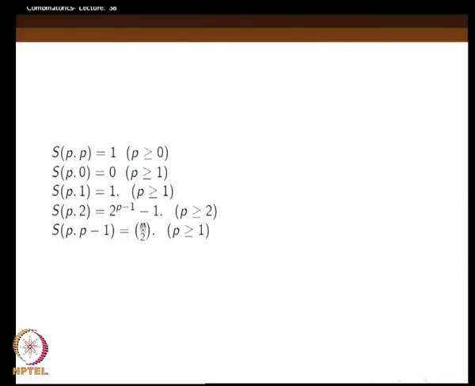Here 1 choose 2 is 0, so that is correct. If P is equal to 2, we have to put 2 objects into 1 box. That can be done in only one way, and 2 choose 2 is 1. So we can verify some initial cases, and they are all correct.